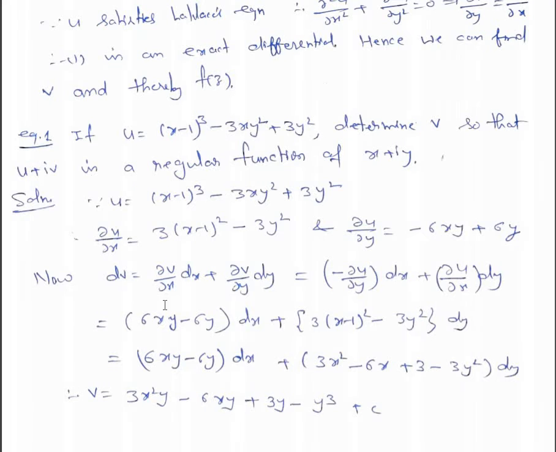Now dv is given by ∂v/∂x dx + ∂v/∂y dy, which in terms of partial derivatives of u with respect to x and y can be written as −∂u/∂y dx + ∂u/∂x dy.